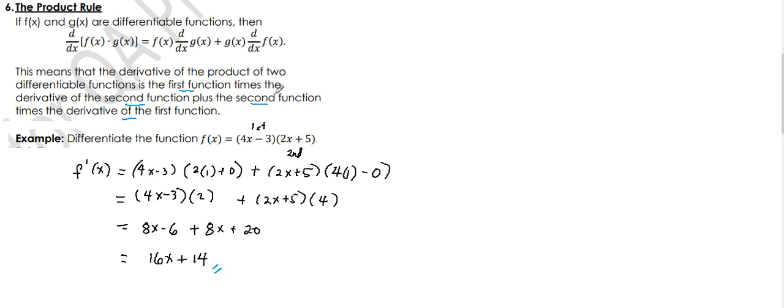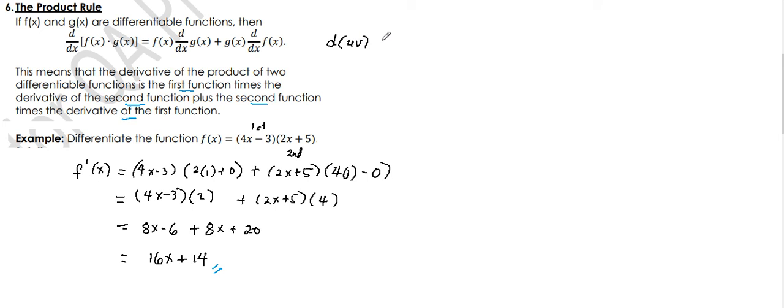Para madali nating maalala kung ano yung ating product rule, tuturuan ko kayo ng yung tinatawag nating du/dv. Okay? So, gagamit tayo ng d, ibig sabihin nun, derivative yon. Then, yung u, that is our first term. And then, yung v, that is our second term. Okay? So, kung gagamit tayo ng du over dv, ang ibig sabihin lang nun, sa ating formula, magiging derivative of uv.